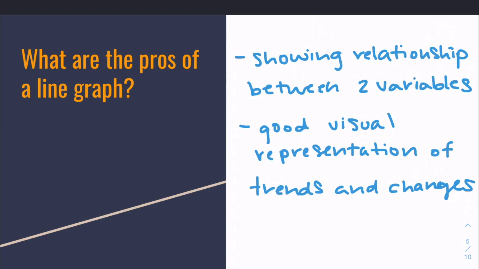Okay, so you're always going to have an input and an output with a line graph. Sometimes you can even have multiple variables, so not just two variables, but 3 variables or 4 variables being compared. And then again, you can really see visually what's going on with a line graph. So if the line's going up, that'll tell you about a trend with the data.